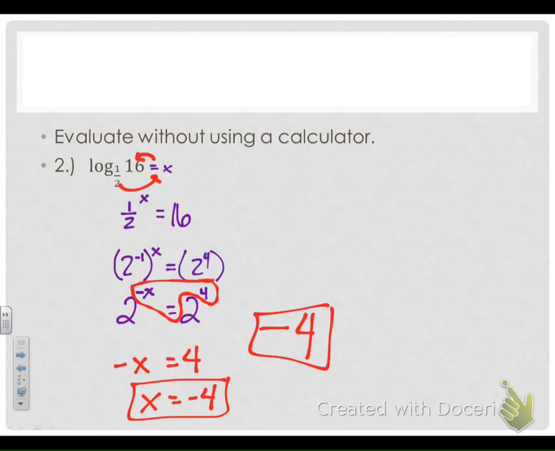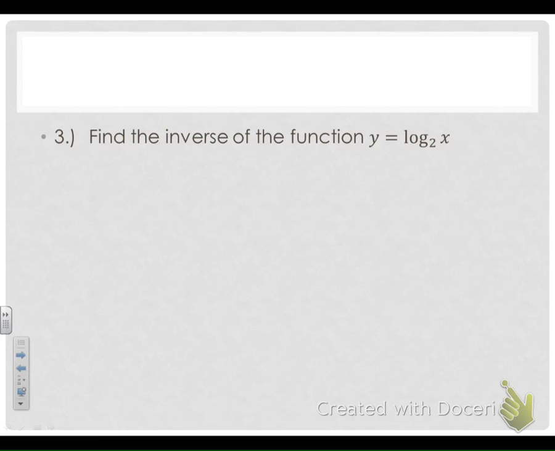In the next section, you're going to have to find the inverse of a function. When we do that, the first step is to switch x and y. Switching x and y, we get x equals log base 2 of y. Then we have to get y by itself somehow. You could use the circle. I actually taught 6th hour different from 7th hour, and I'm going to use the 7th hour strategy.